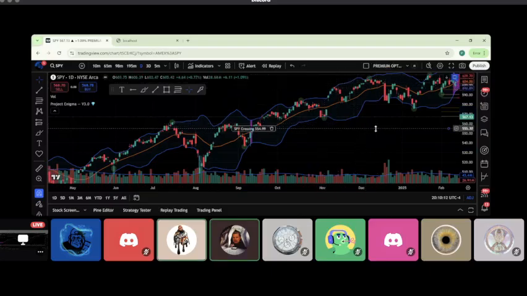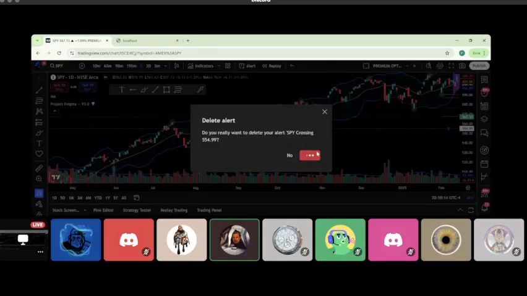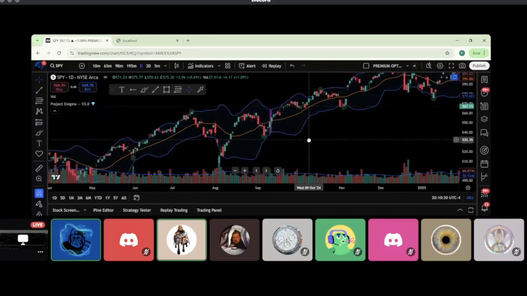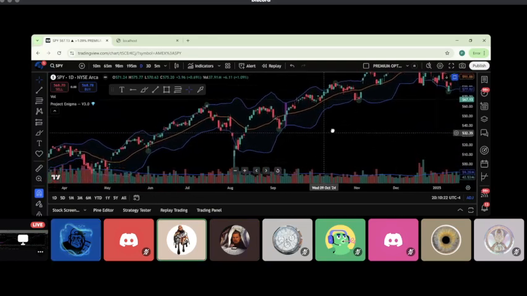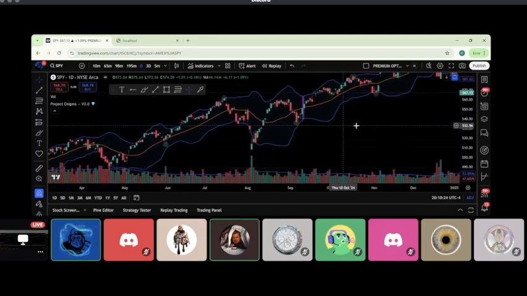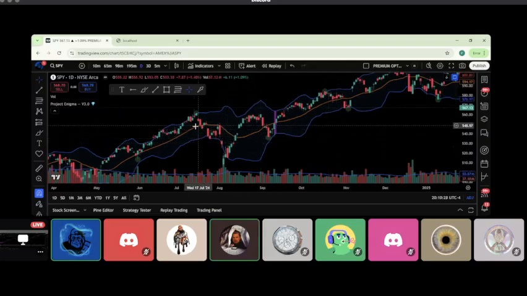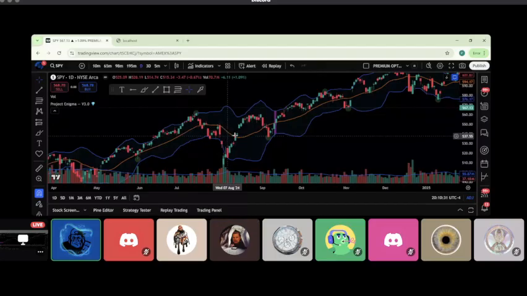So yes, you absolutely would want to consider the slope of the middle Bollinger Band. Just to clarify, the middle Bollinger Band is just a moving average of whatever setting you have it on. Yeah, so it's a 20 moving average.